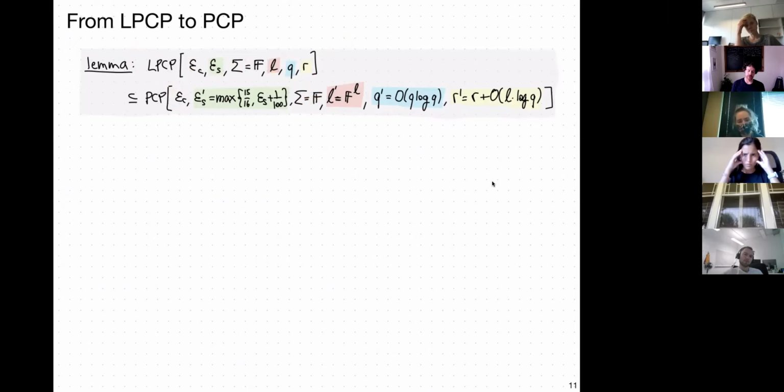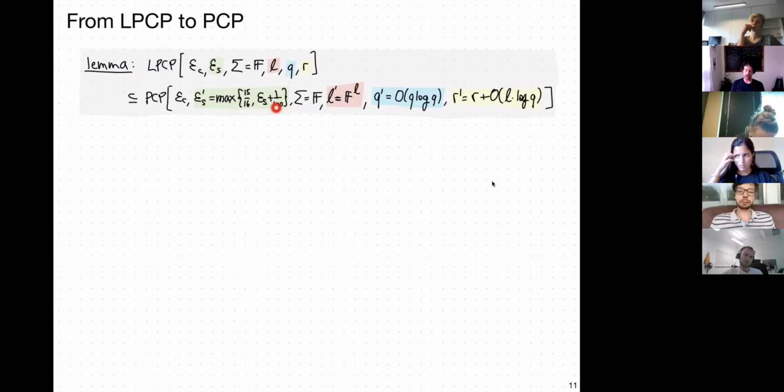In terms of soundness, the probability that we'll accidentally accept a false statement remains roughly the same, but it gets a little bit larger by a factor of 1/100. And we'll cap it, so the probability wouldn't be too good. Of course, we can always boost it further, but think about it as the same up to some constant.